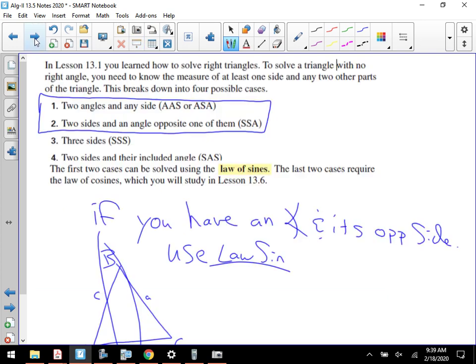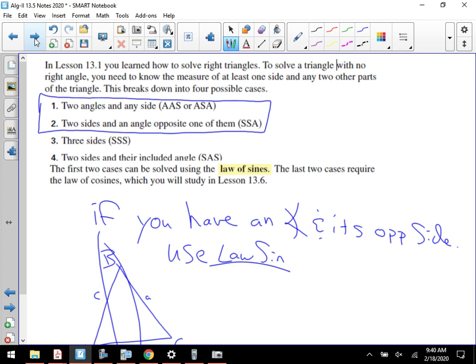For example, we're going to use law of sines when we have 2 angles and a side, and this is going to be the angle-angle-side case or angle-side-angle. We can also use it when you have 2 sides and 1 angle, the side-side-angle case, or angle-side-side case if you'd like to be funny about it. Now, there is ASS in math, and it does occur. There are some weirdness things that happen.